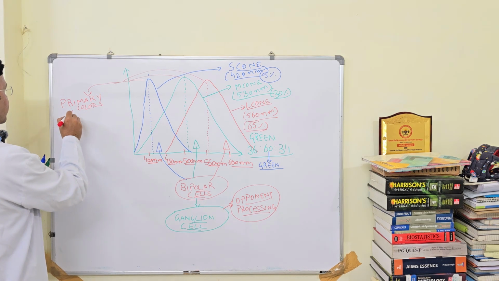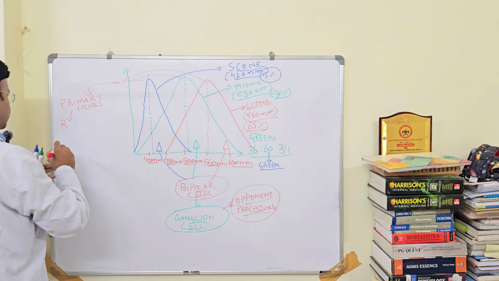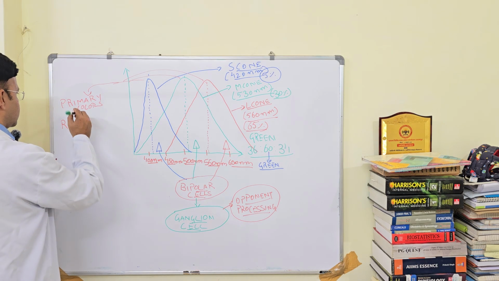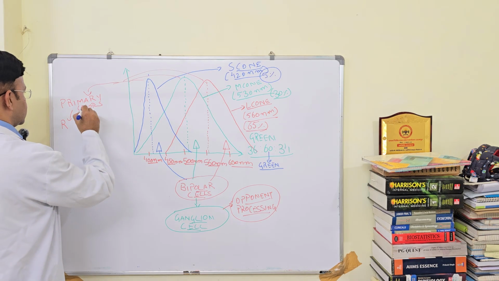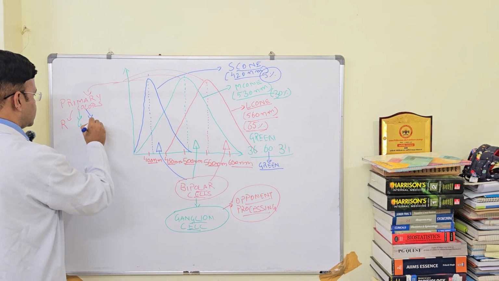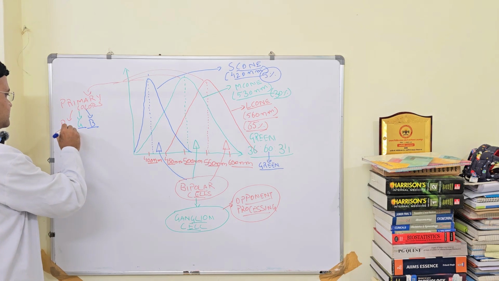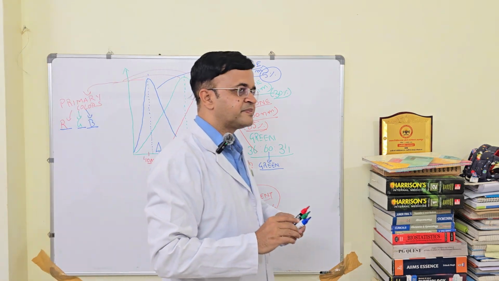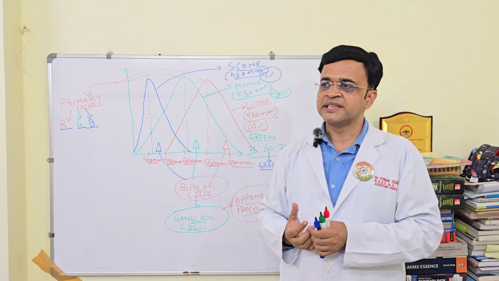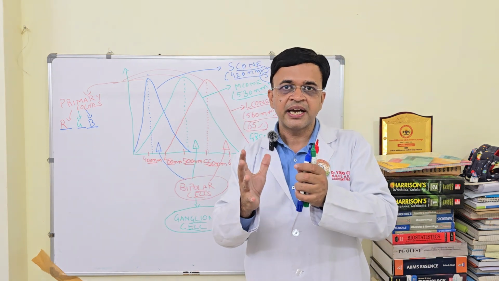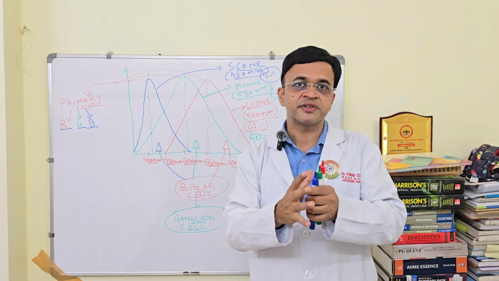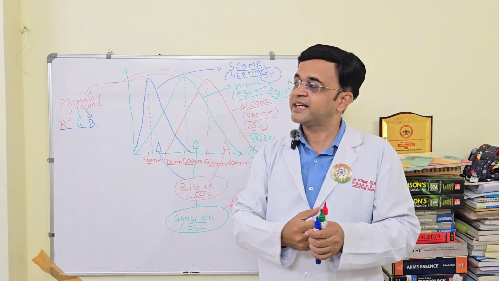Red, green and blue. Now what do we mean by primary colors? That if we mix these three colors, red, green and blue, in equal proportions, we will get white color.